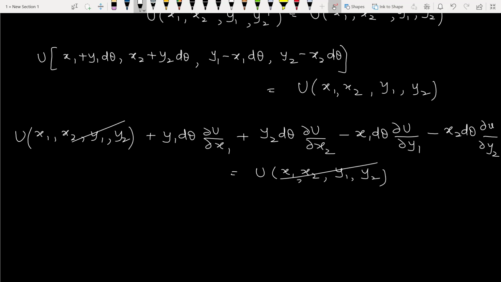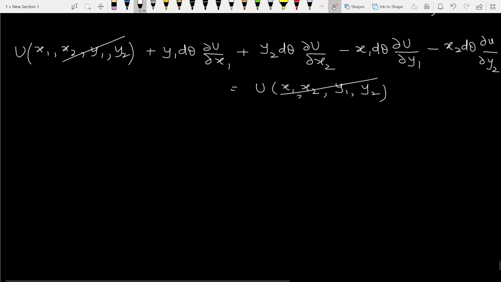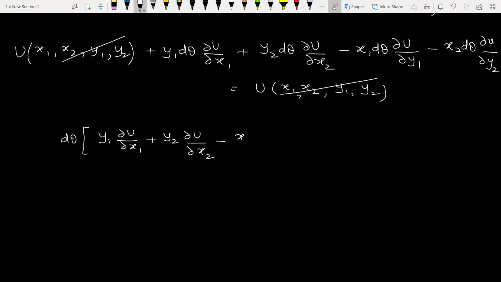So this cancels. So what we are left with, d theta common, y1 curly U by curly x1, y2 curly U by curly x2, x1 curly U by curly y1, x2 curly U by curly y2, it is 0.